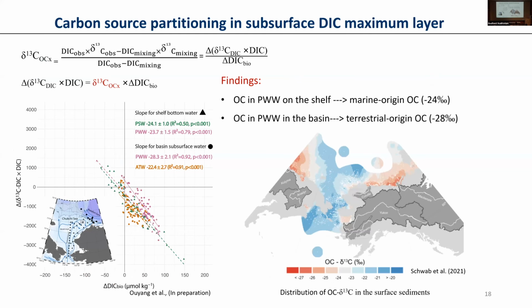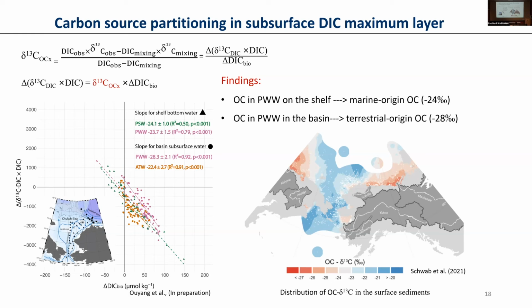What we found is the organic carbon in the Pacific winter water on the shelf is more like marine origin because the signal is closer to the marine phytoplankton.